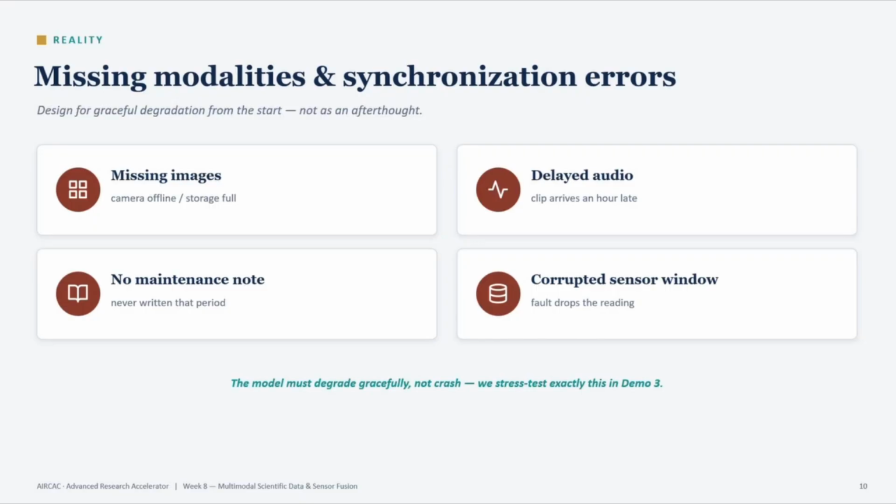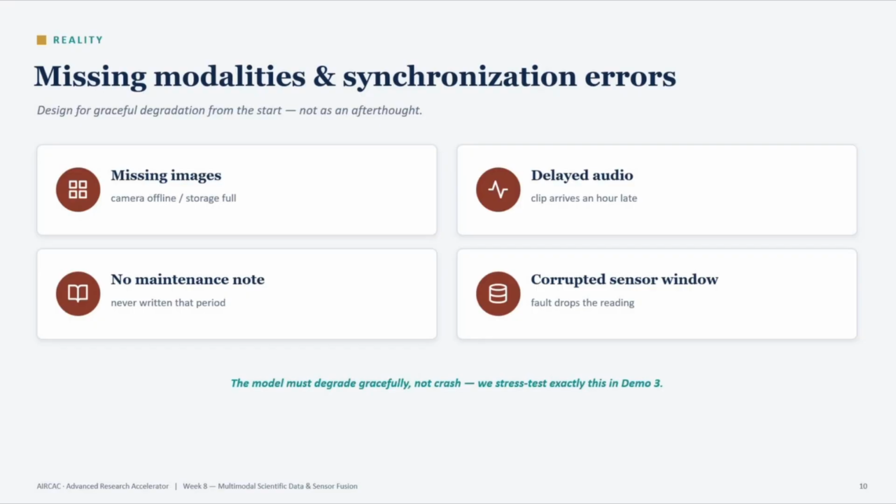Therefore, we should not build a model that works only when every input is perfect. We need to understand how the system behaves when one modality disappears. Later today, we will deliberately remove modalities and measure how much model performance changes.